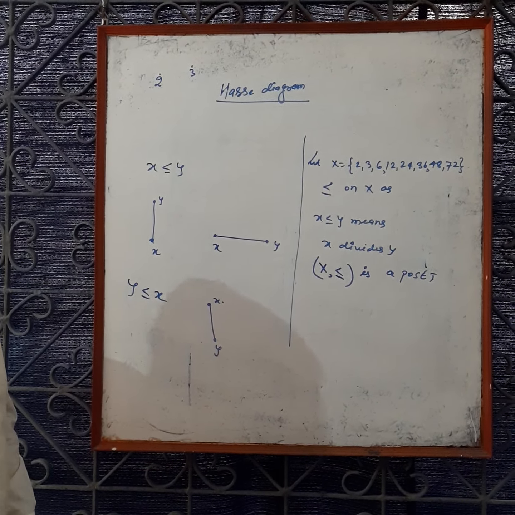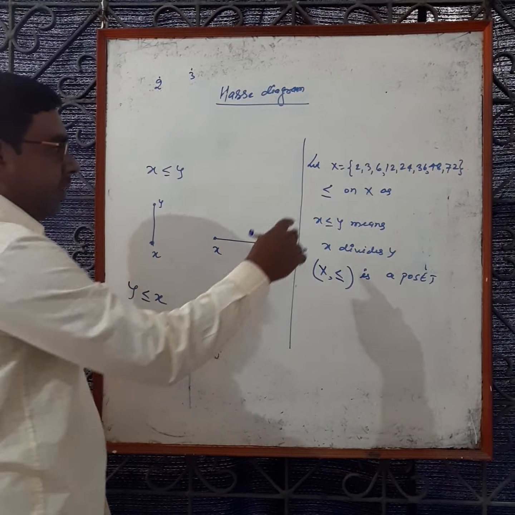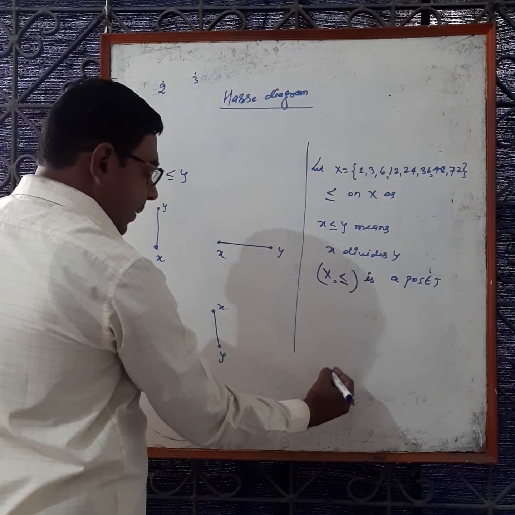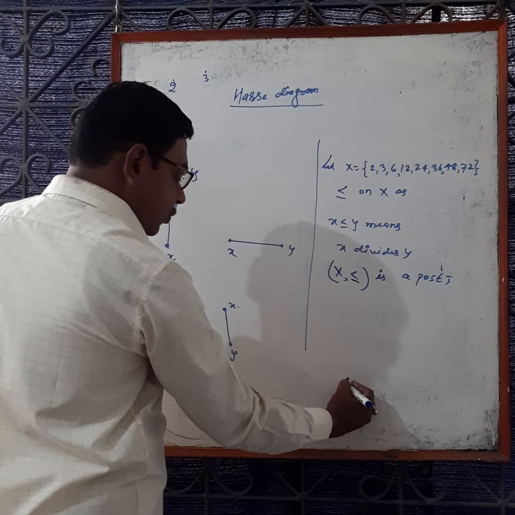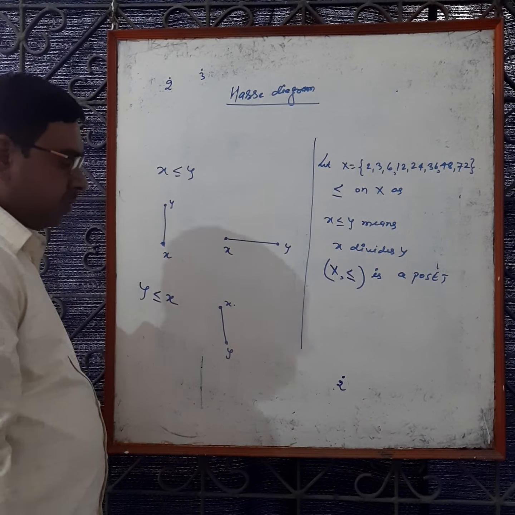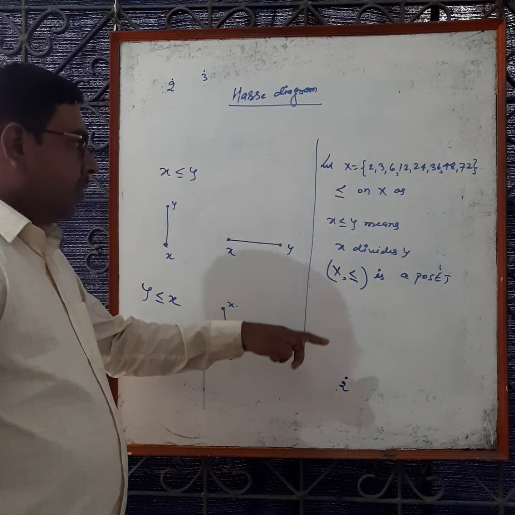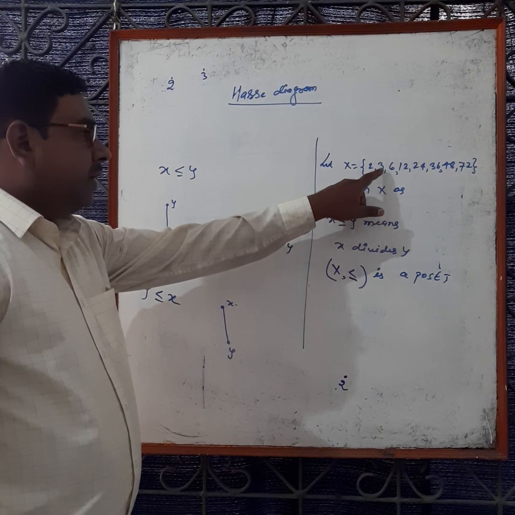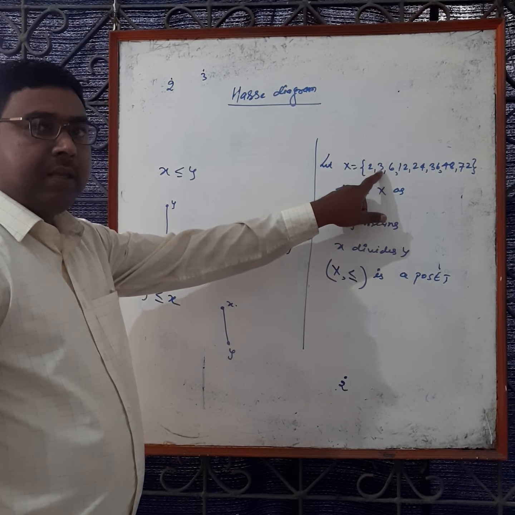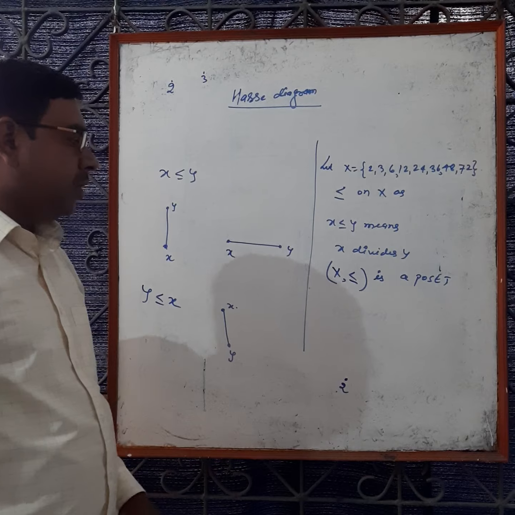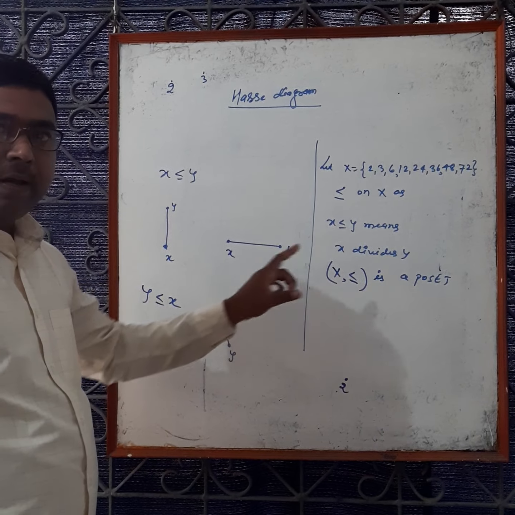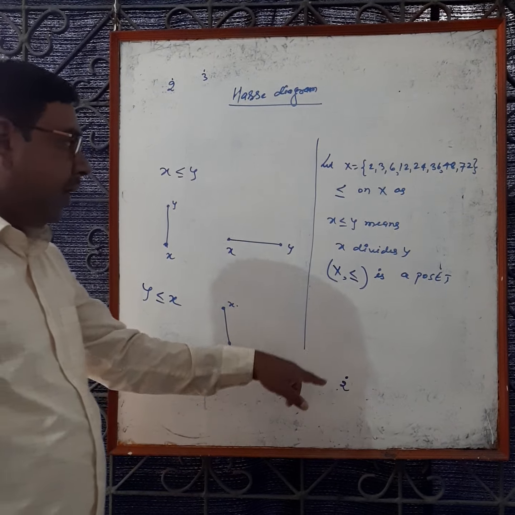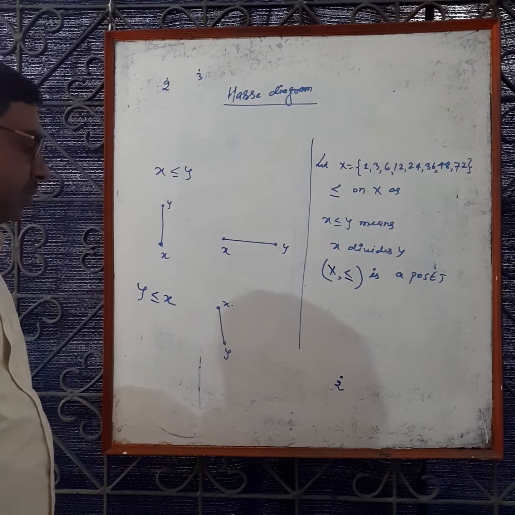Now we draw the Hasse diagram. First we plot a point 2. Here, neither 2 is related to 3 nor 3 is related to 2 under the given relation, because 2 does not divide 3 and 3 does not divide 2. This means that 2 and 3 are incomparable elements of this poset.